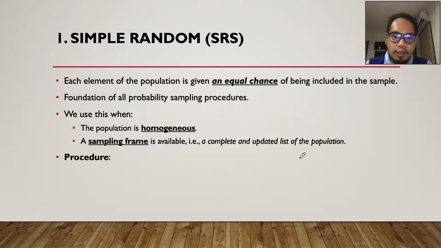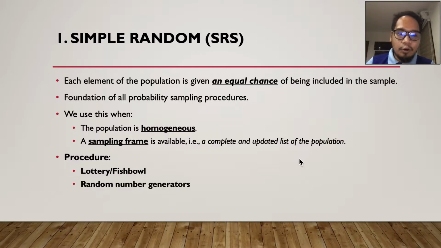So what are the procedures in making use of simple random sampling? You may use either the lottery or fishbowl method, though in some books they call this the lottery method or fishbowl method. Or you can also make use of random number generators.